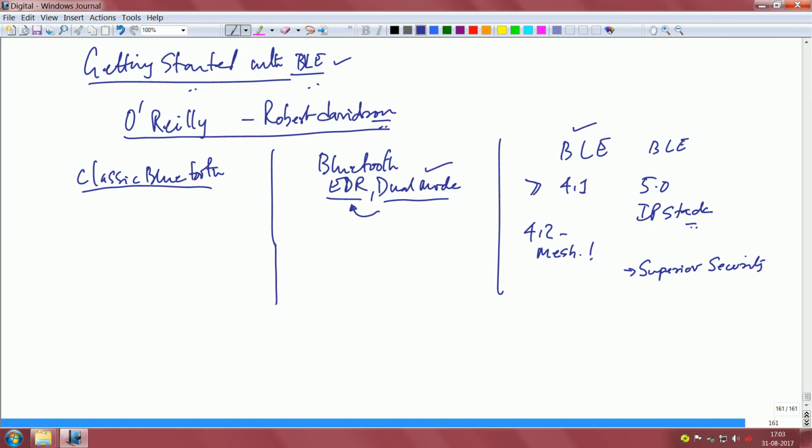It does mesh, it does a good amount of IP stack availability. It gives you the IP stack directly, it gives you the ported stack directly.